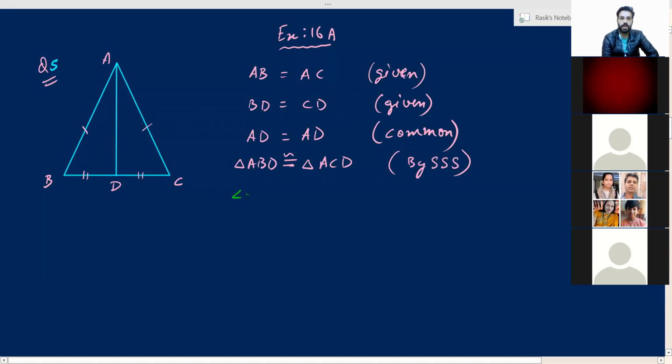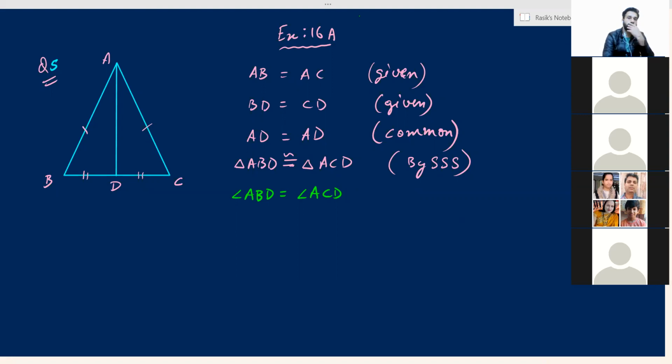Here we can say that angle ABD is equal to angle ACD. Give the reason why the two angles are equal.